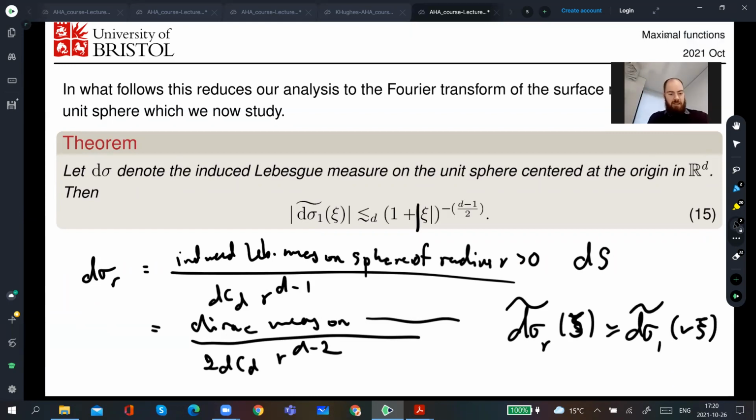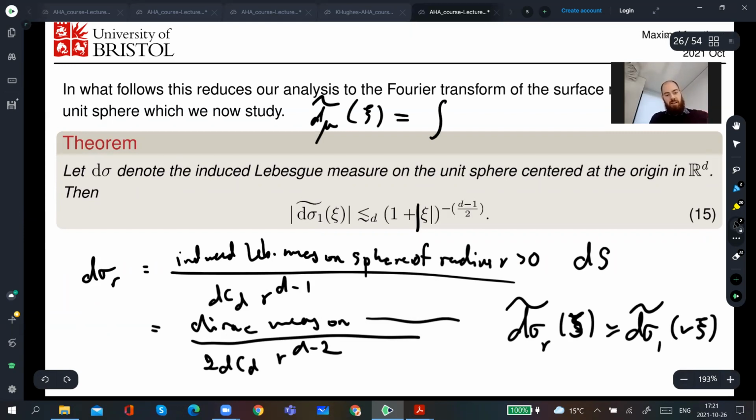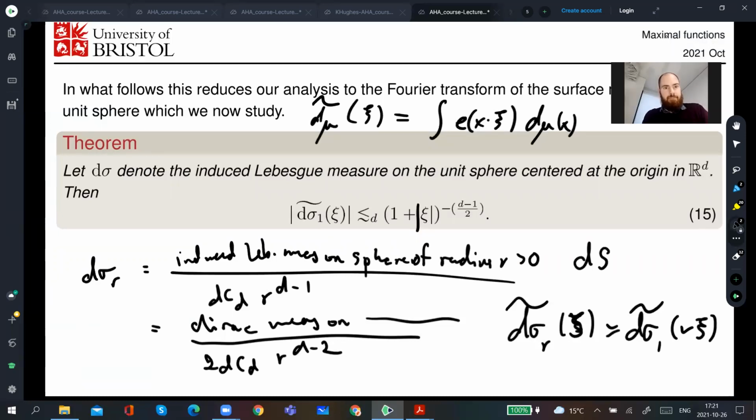Of course, the Fourier transform of a measure, when it makes sense, at a point xi in R^d, is defined as the integral of e^(i x dot xi) d mu of x. This makes sense when you have, say, a Borel measure of bounded variation, or it's integrable in a distributional sense.